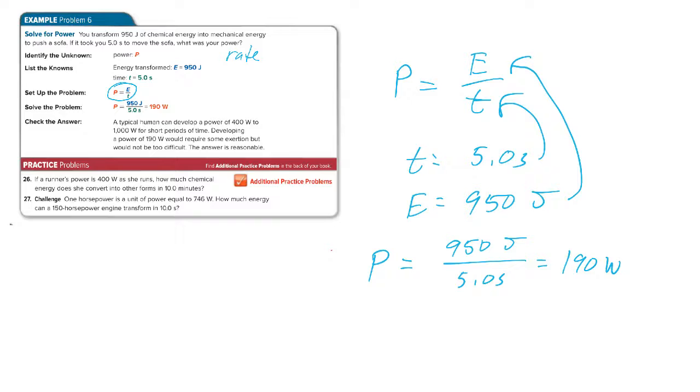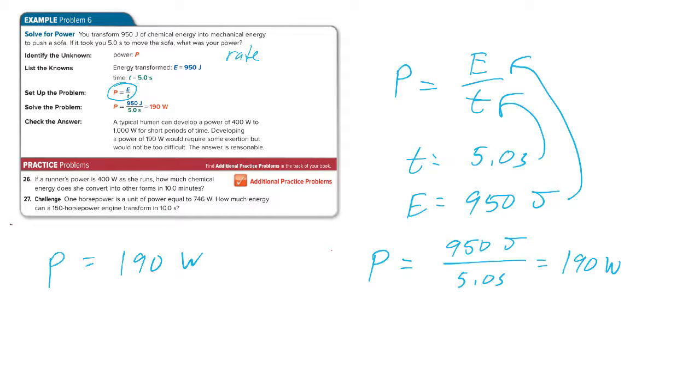Now, if you were given another part of this, maybe you were given the 190 watts. Like 26 says, if a runner's power is 400 watts as she runs, how much chemical energy does she convert into another form in 10 minutes? Well, if you switch the numbers around, we said her power was 190 watts. Well, then P is 190.